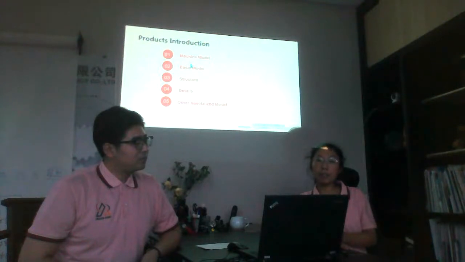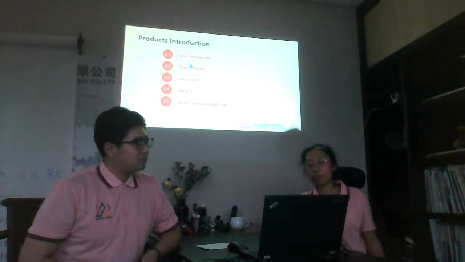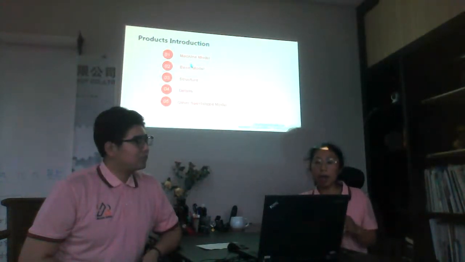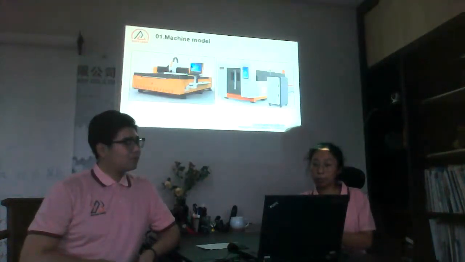The first is the machine model. The second is the laser cutting machine basic model, and the third is the machine structure. The fourth is the machine details, and finally the other specialized models. Okay, let's see the machine model.